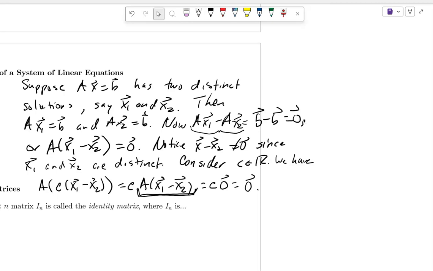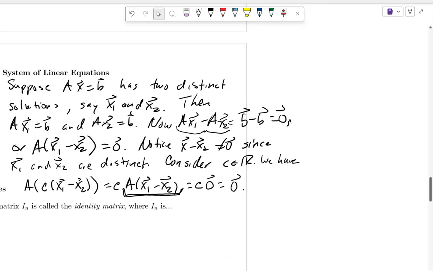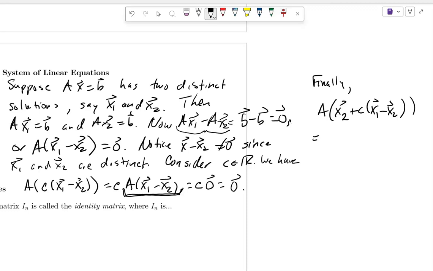Okay. Now let's go back to the original system. If I take A and multiply it by, say, x2, we'll use x2 in this case, with that subtracted, once again, we can distribute the A through.